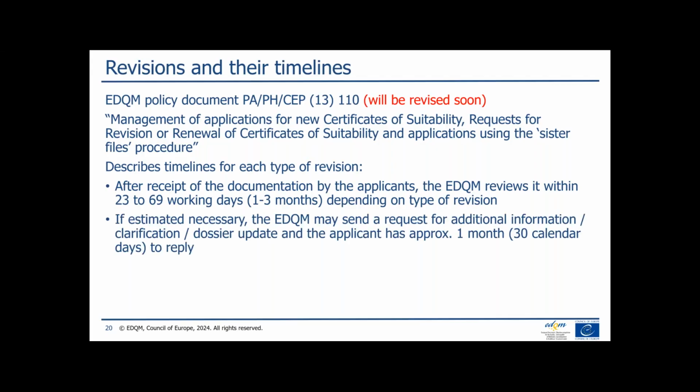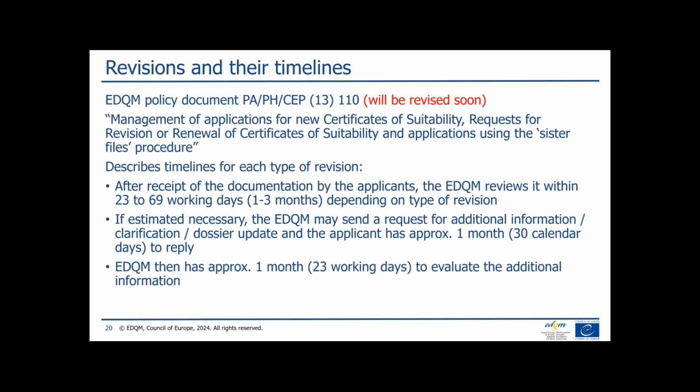If estimated necessary, EDQM might ask additional questions and then give the applicant 1 month to submit the response, and then the EDQM will have 1 month to evaluate the response. So at the end, the outcome of the evaluation is either the SEP is revised, if the information on the SEP needs to be revised, or the SEP holder gets a letter stating that the SEP remains valid.